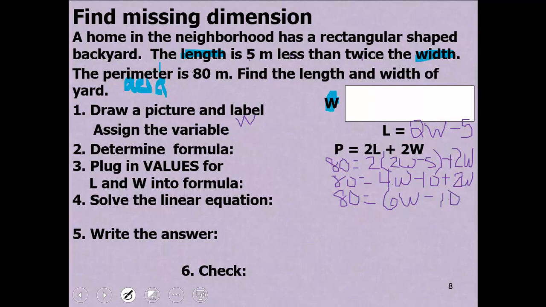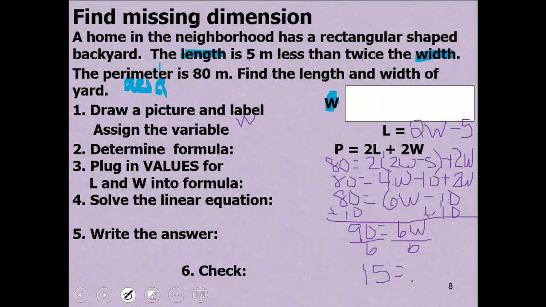Now I'm going to move my 10 over here by adding, and I get 90 is equal to 6W. Then I have to divide by 6. 90 divided by 6: 6 goes into 9 one time with a remainder of 3. Bring down my 0, so 6 goes into 30 five times.